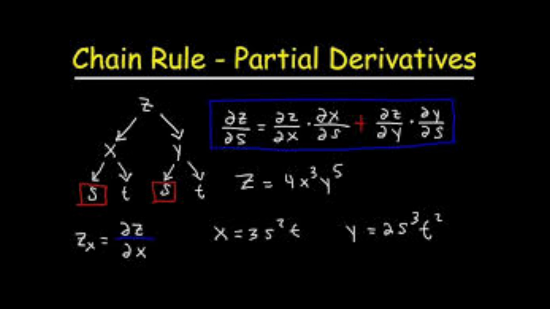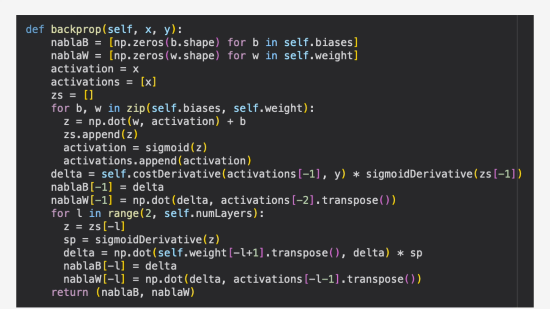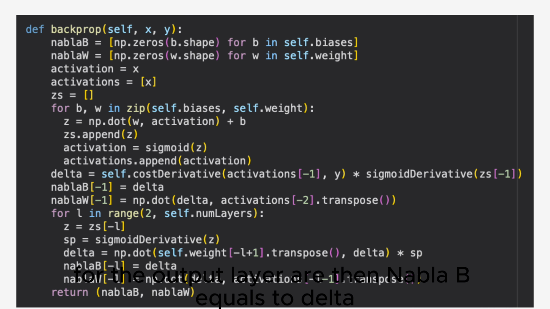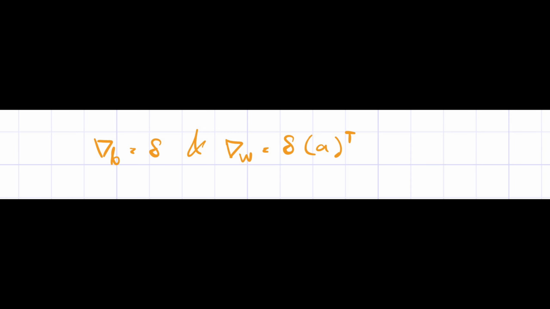This equation comes from the chain rule of partial differentiation. Then, the gradients for the output layer are nabla b equals delta, like this equation, and nabla w equals delta multiplied with activation, like this equation.